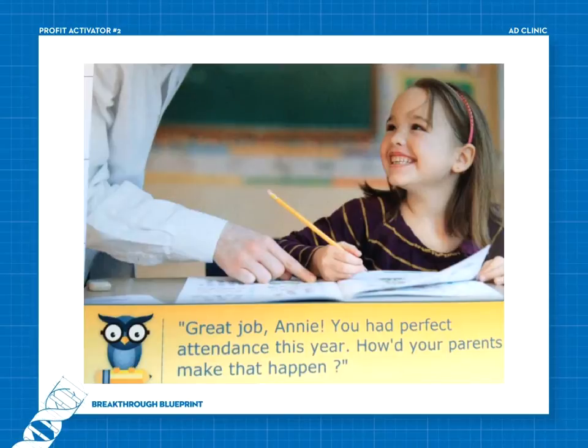How'd your parents make that happen?" And then the logo with the owl and the pencil. The reason I'm pointing this out is that every element of an ad is either supporting your main compelling message and speaking directly to your target audience, or it's not.